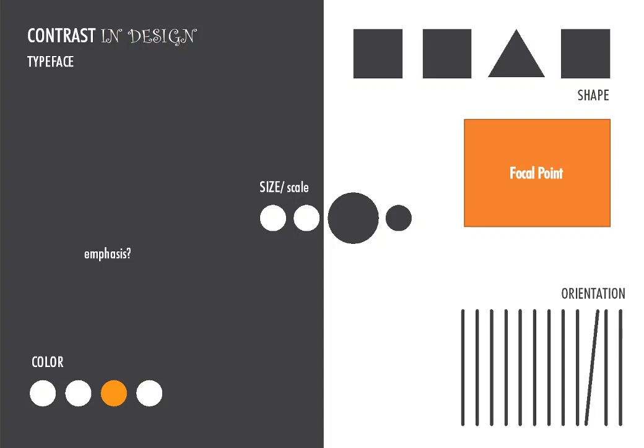If you want your design element, whether it's an image or text or anything, to be seen first by the viewers, you can make a contrast with typeface, color, size, shape and scale, texture and orientation to make it stand out, to make the focal point. The first thing you see, right? Yes. Okay.